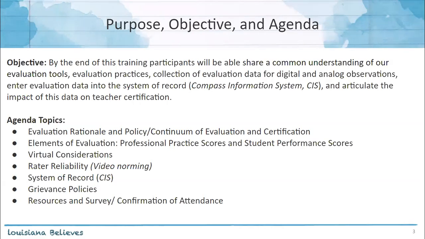We'll go over the evaluation rationale and policy continuum of evaluation and certification, elements of evaluation, including professional practice scores and student performance scores for the 2020-2021 school year, virtual considerations for observations, norming with rater reliability, our system of record, our grievance policies, and then we'll end with the survey, which will also be the confirmation of your attendance.